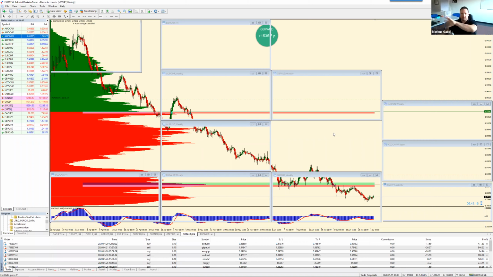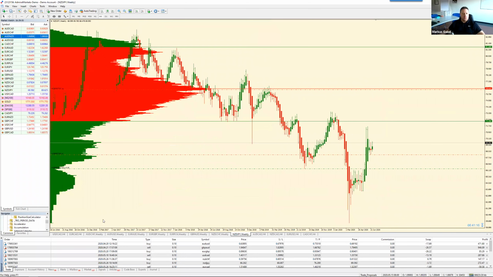If you follow Trading Spotlight, then you know all my trading ideas. You see 1, 2, 3, 4, 5, 6, 7, 8, 9, 10, 11, 12, 13, 14 trades open with a small account. And I have another one, it's 200 euros, and I have opened the same trades. If you work with micro lots, you can grow.